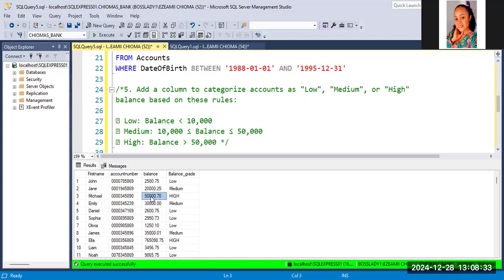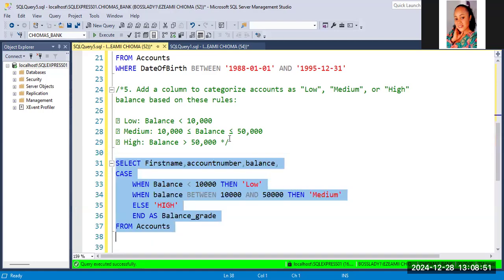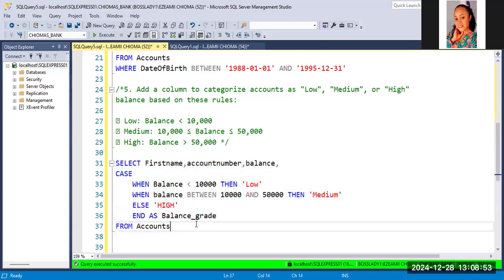So anything that is more than 50 is high, 10 to 50 is medium, and anything less than 10 is low. So you see, we've been able to categorize our data. This is how to use the case statement, a conditional statement, to categorize data.